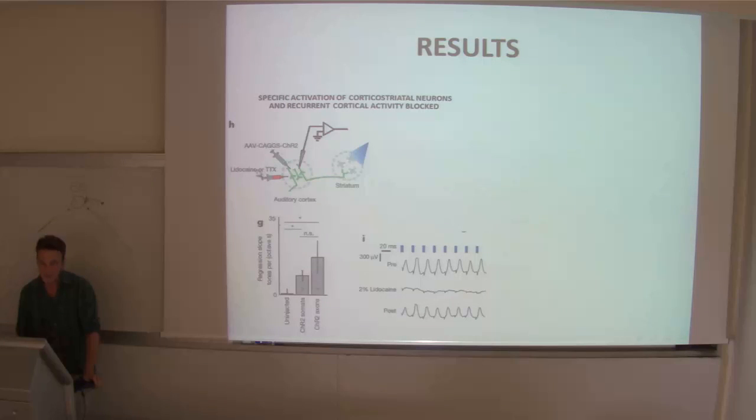And secondly, they used a pharmacological measure to block all activity in the auditory cortex. So in this setup, we actually excite the axon area of the neuron. And in figure I, you can see that they do electrophysiological measurements in the area of the soma of those neurons.